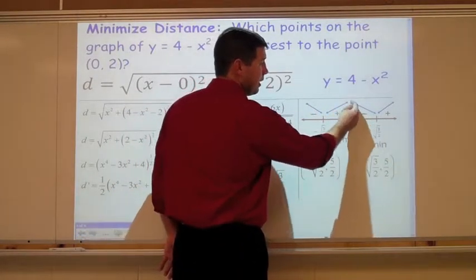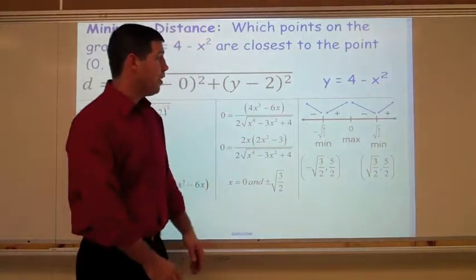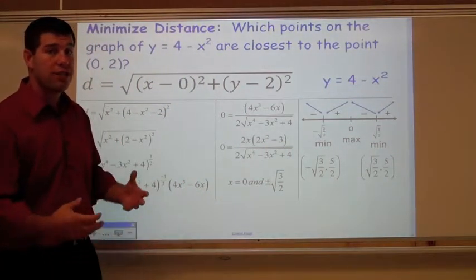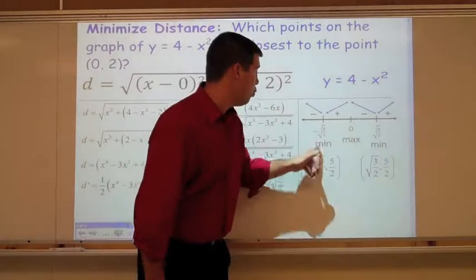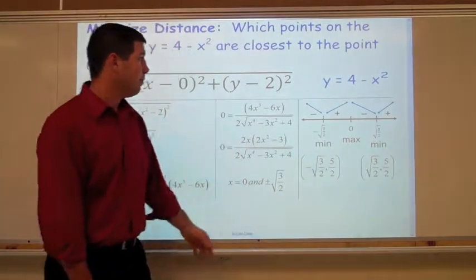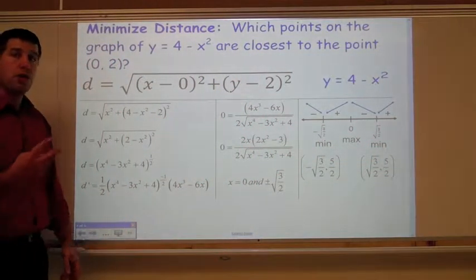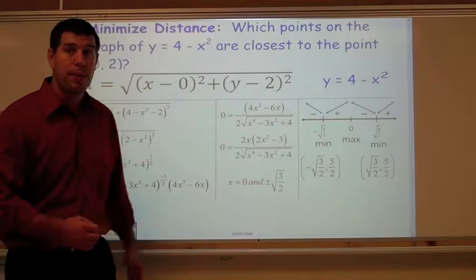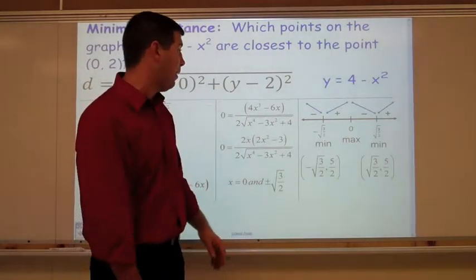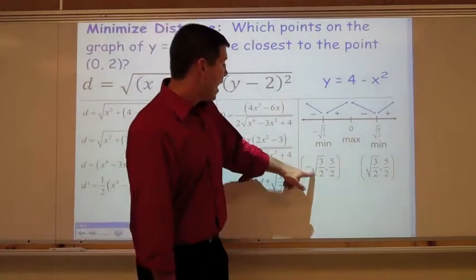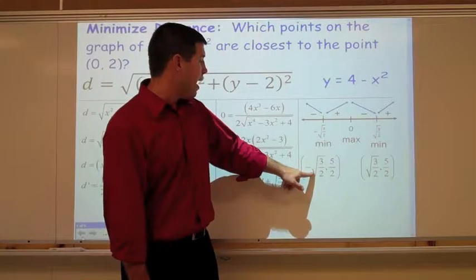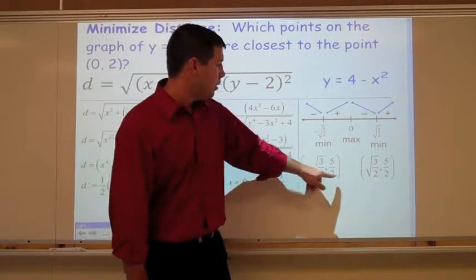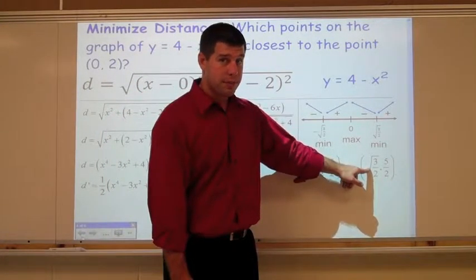Decreasing, increasing, decreasing, increasing. You're looking for your minimum, your closest value, so that happens at these 2 minimums. So there are 2 points, which is what we expected when we looked at the graph because of the symmetry of a parabola. Negative square root of 3/2, positive square root of 3/2.